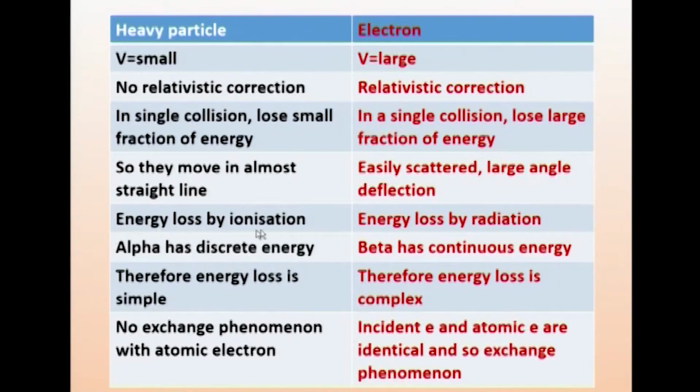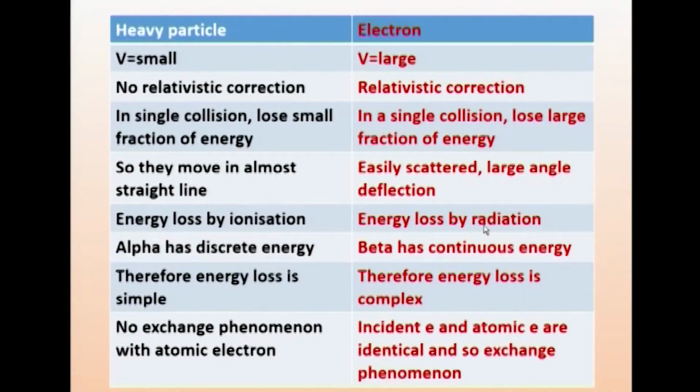Therefore, here the energy loss is by ionization. It will ionize, maybe when it goes through air, it will get ionized. Here energy loss is by radiation. When the electron is moving at large velocity, it will give electromagnetic radiation. So, how do you get electromagnetic radiation?